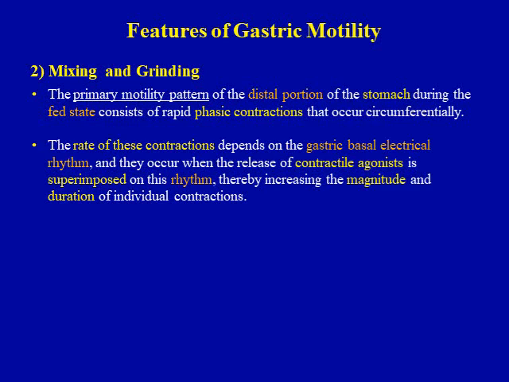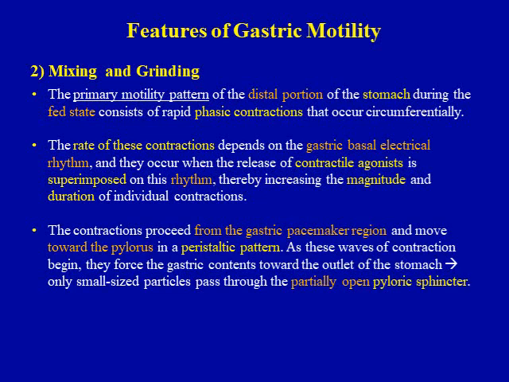The rate of these contractions depends on the gastric basal electrical rhythm, and they occur when the release of contractile agonists is superimposed on this rhythm, thereby increasing the magnitude and duration of individual contractions. The contractions proceed from the gastric pacemaker region and move toward the pylorus in a peristaltic pattern.